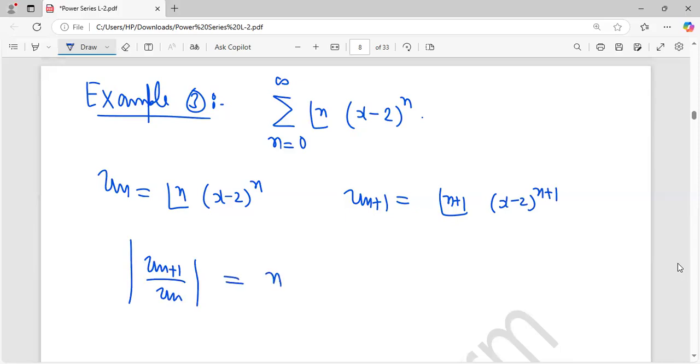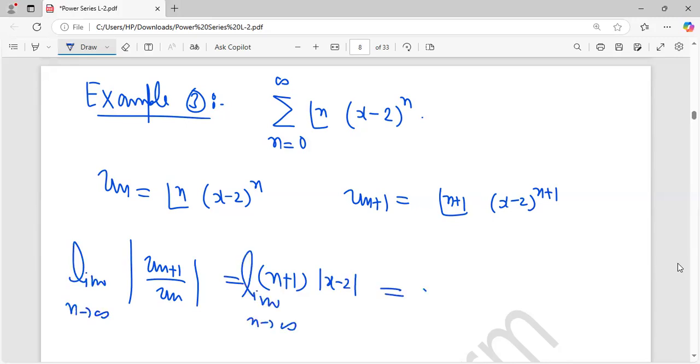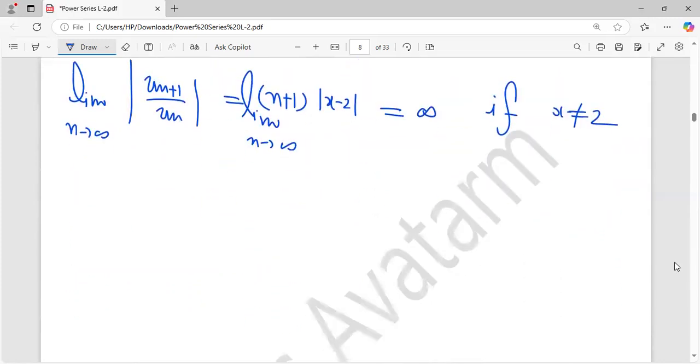So what is u_(n+1) upon u_n, with n plus 1? So what is the limit as n tends to infinity? This is infinity if x is not equal to 2. Okay. And this is 0 if x is equal to 2.